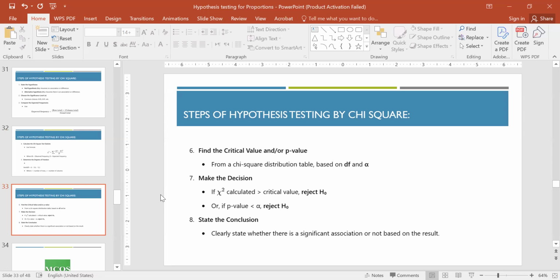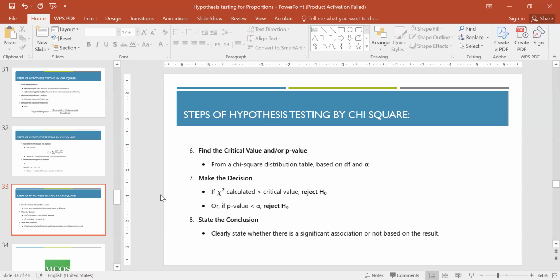Then at the end, we have to state the conclusion of whether there is a significant association or not. This was actually only a summary of chi-square. As we have an upcoming class on chi-square, a detail will be given there, so I have not included any example over here.